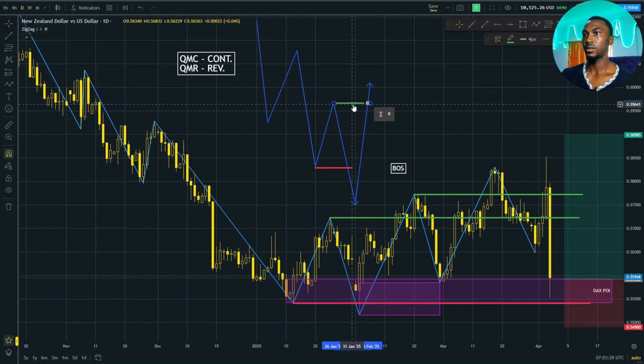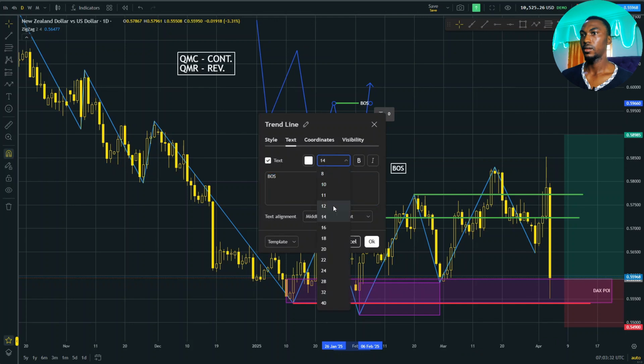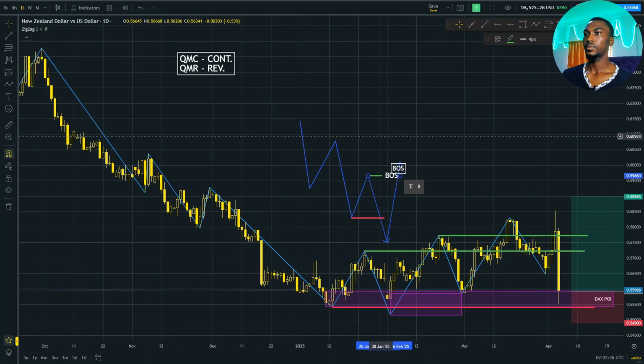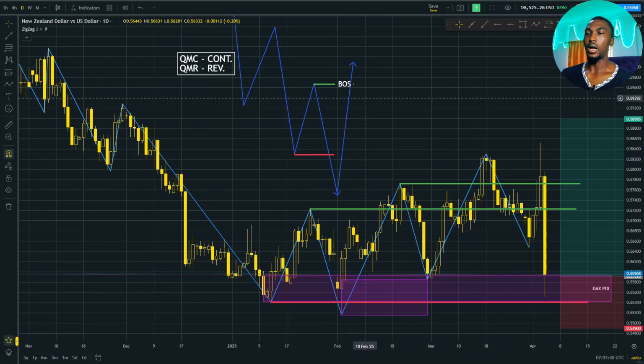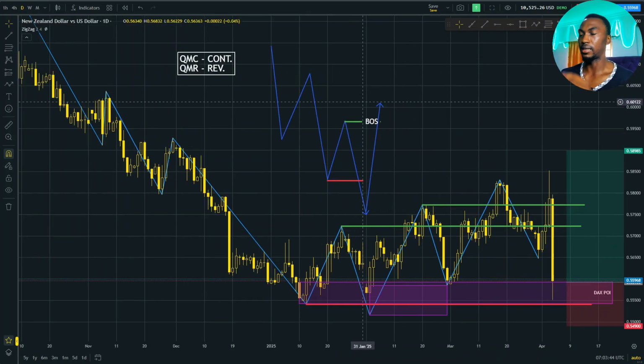All right. Okay, so if this is rated as a break of structure, what happens is this. Sorry, I'm a perfectionist to one extent. I like to have it perfect.